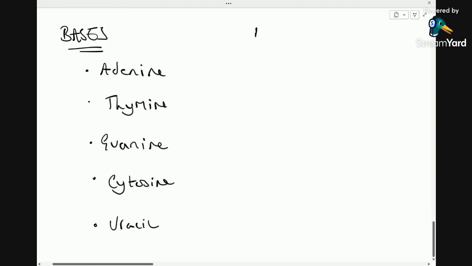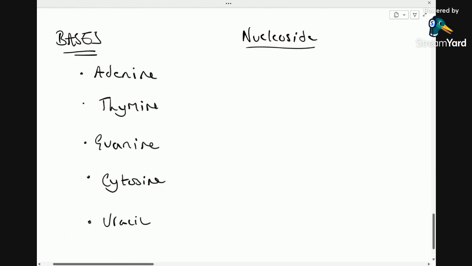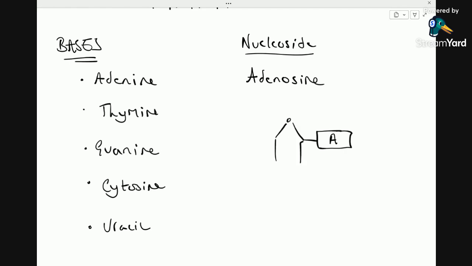If we now look at the nucleoside, which is going to be the base plus the sugar, if we don't say anything else, we just assume it's the plain normal kind of ribose sugar, not the 2' deoxy. So adenine, then we call it adenosine. Adenosine means we've got adenine as a base, connected to a ribose sugar.